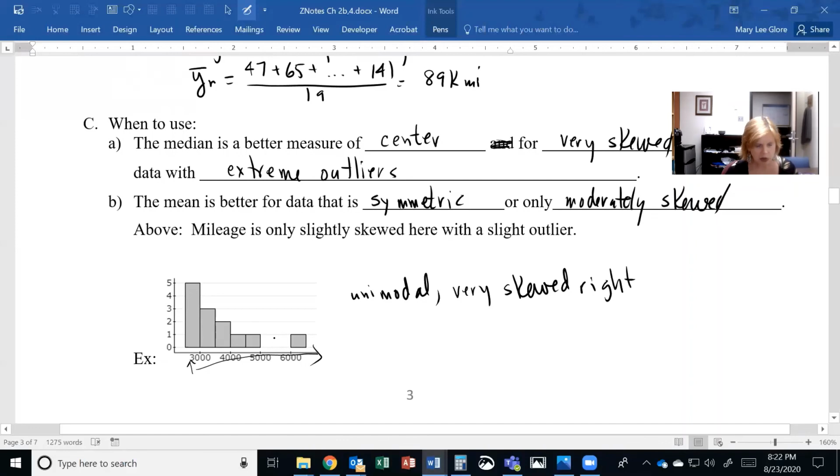I don't know if I would call this an extreme outlier, it's got a gap of 2 bins, but it has a high outlier. For data like this, I want to use the median. The mean is not going to be a very good measure of center for that data.